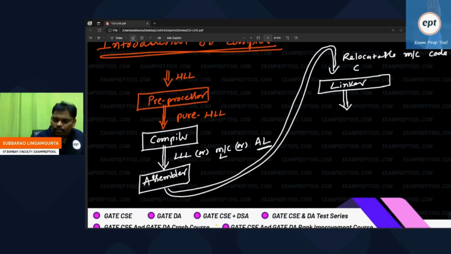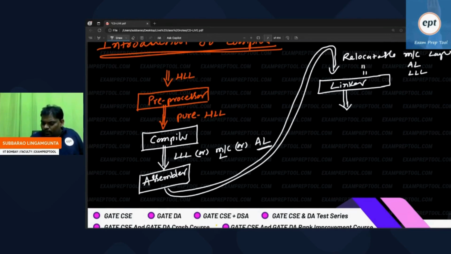Output is relocatable machine code. Another name for this: relocatable assembly language, relocatable low level language, relocatable machine language. Now that will be given to the linker.